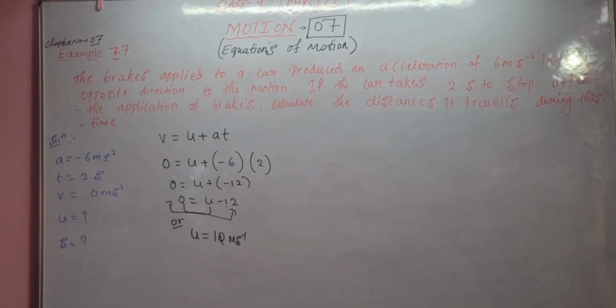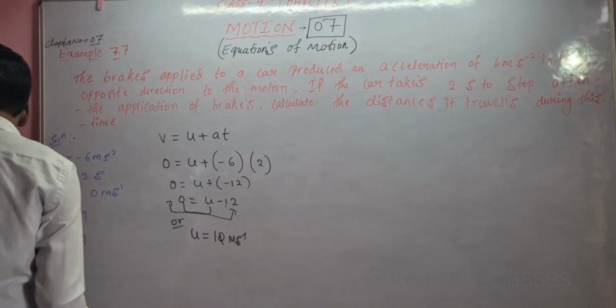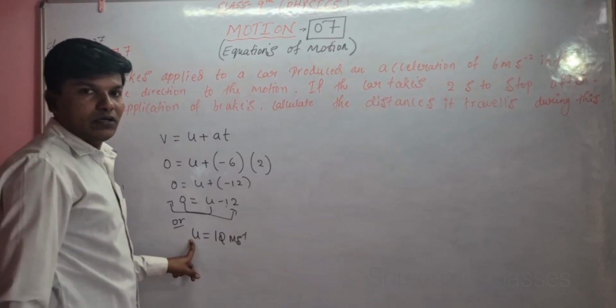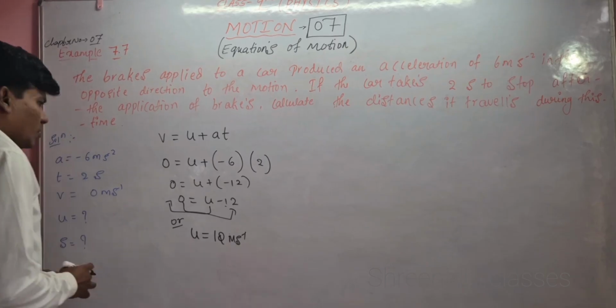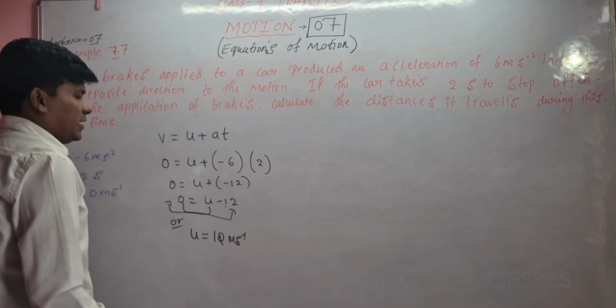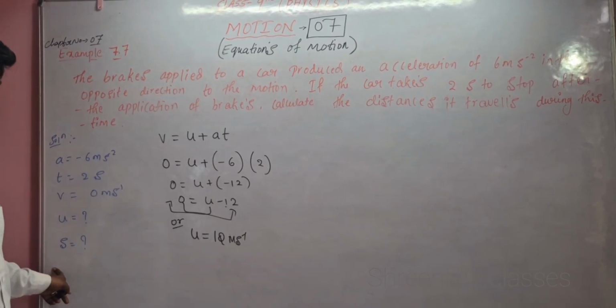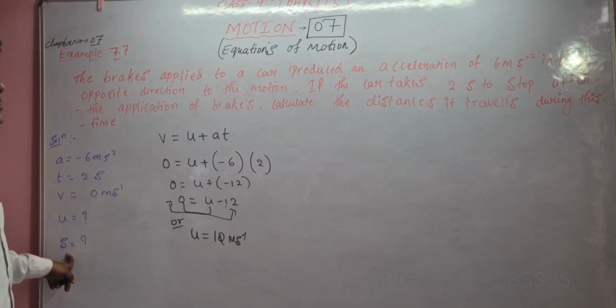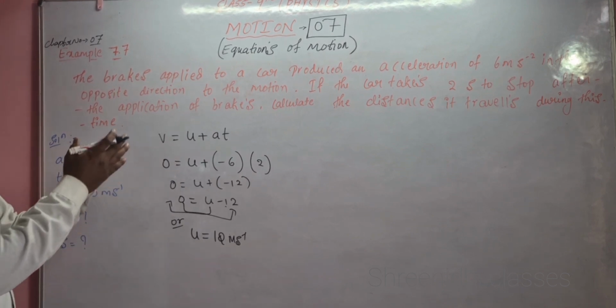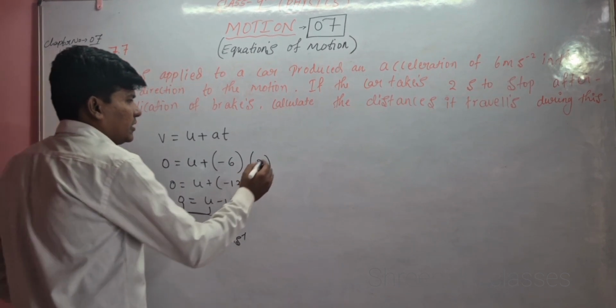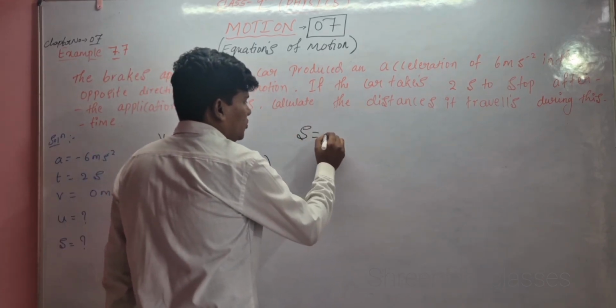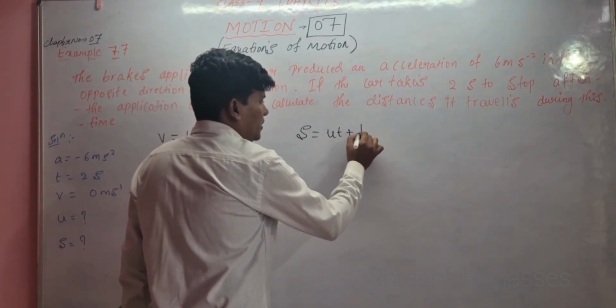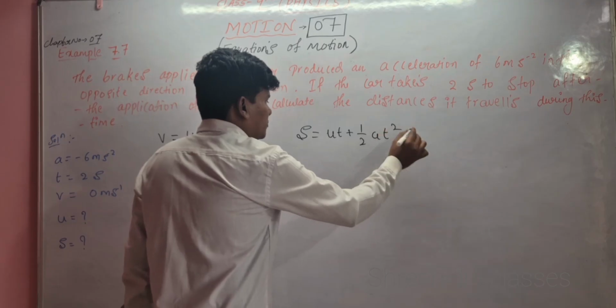Or you can also write meter per second. Now we have found the U. Okay, then we will apply the formula for the distance traveled. S is equal to ut plus half at square.